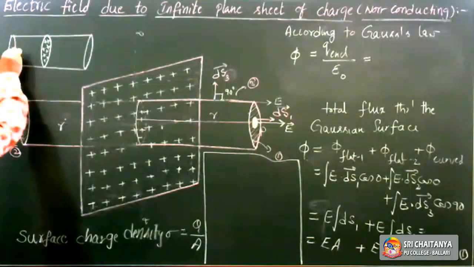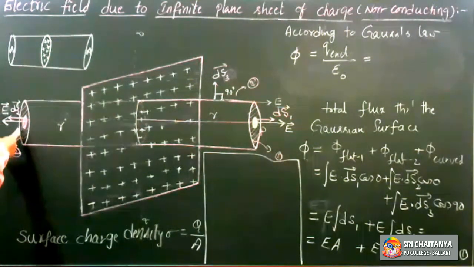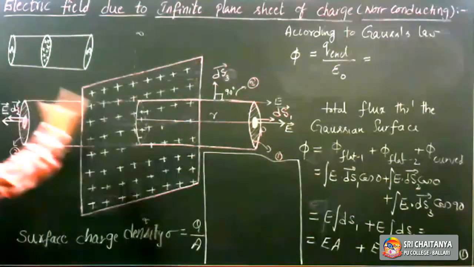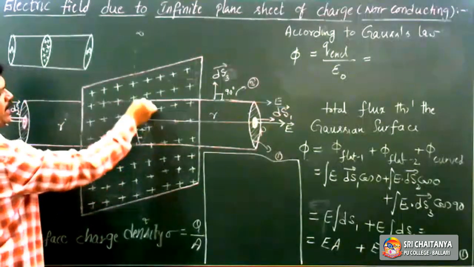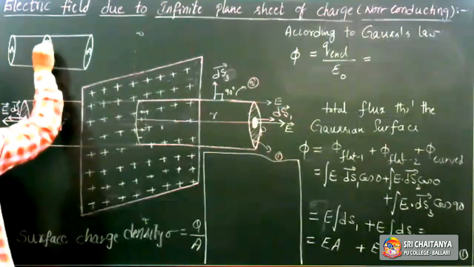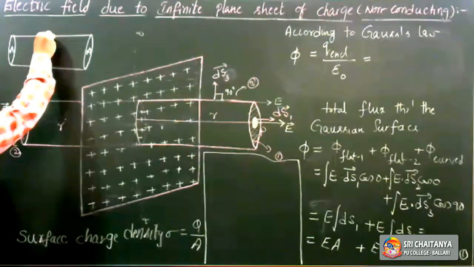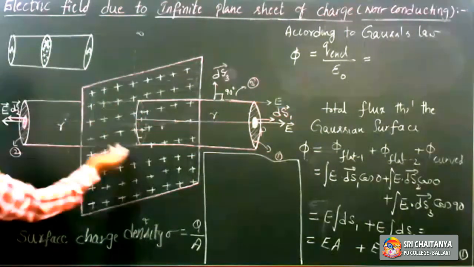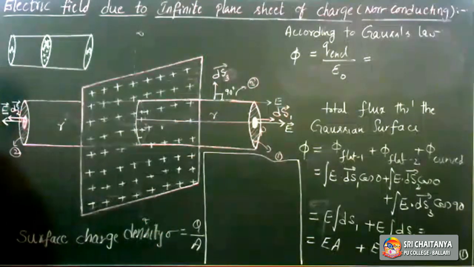If this area is A, already we considered the area of this flat surface and the area of the other flat surface is A, so the area enclosed is A, right? So what is the charge enclosed in this? Its area is A, and for this sheet, the surface charge density is sigma.